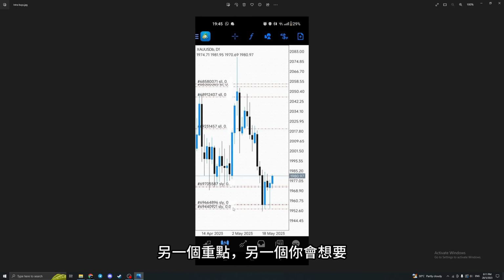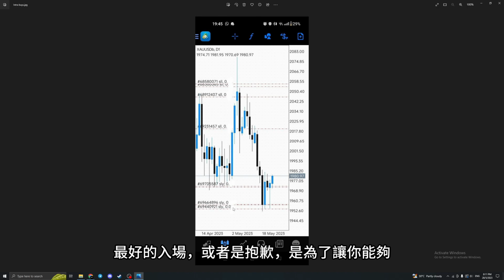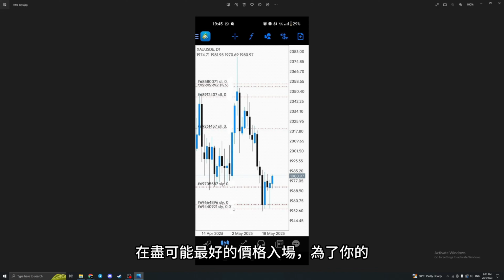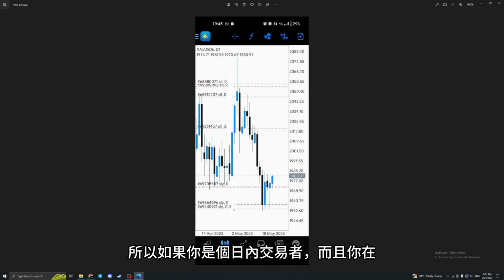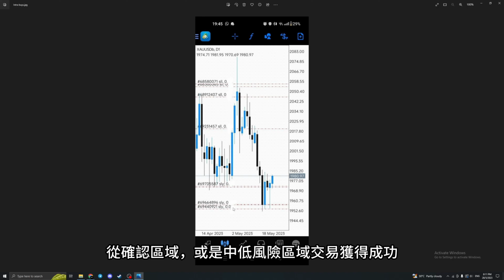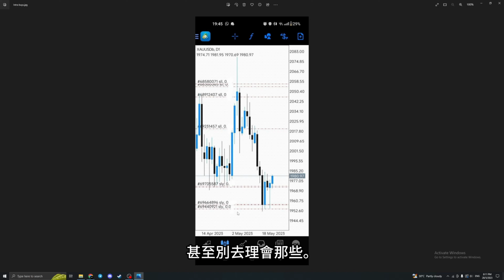The other reason you would want to do something like that is so that you can have an entry at the best price possible for your swing. So if you're an intraday player and you're seeing success playing off of confirmed areas or medium to low risk entries, then whenever I mention stuff about high risk entries or advanced entries, don't even bother about those.